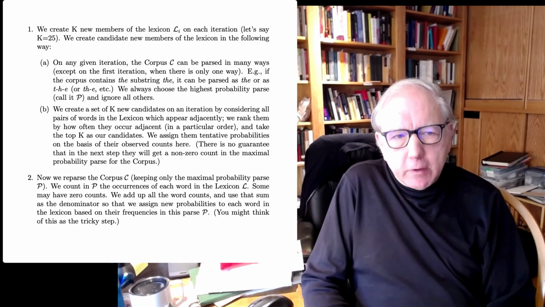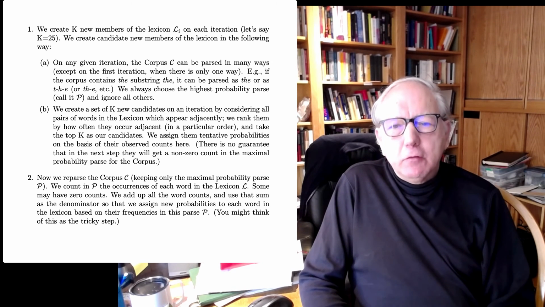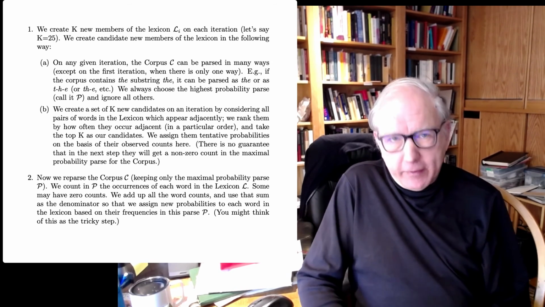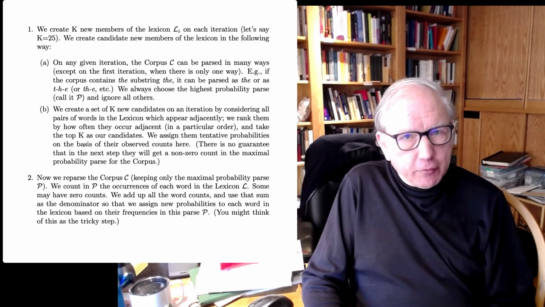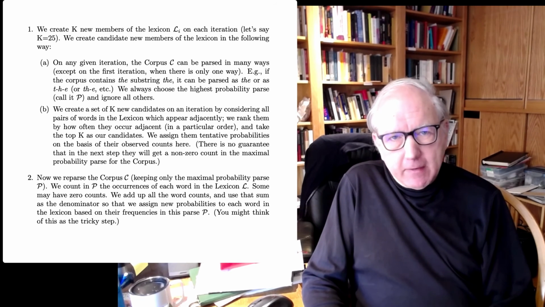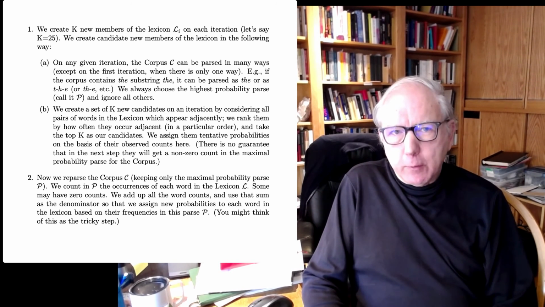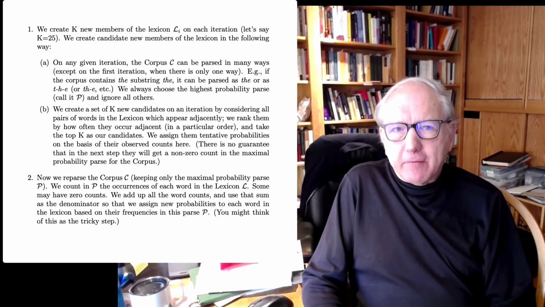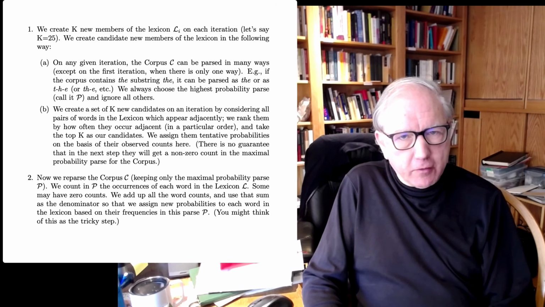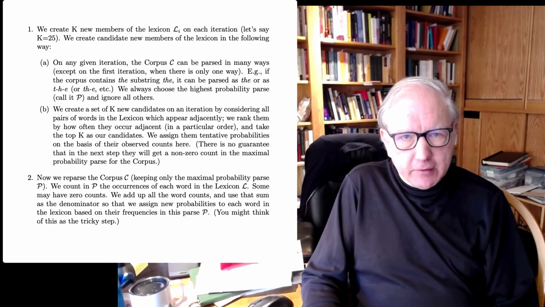So we have to assign some probabilities to these new candidate words, and we do that with counts. These new candidate words have certain counts, which are what they are, and then all the other words in the lexicon also have counts. Those counts came from the number of times they occurred in the parts of the whole corpus on the previous iteration.